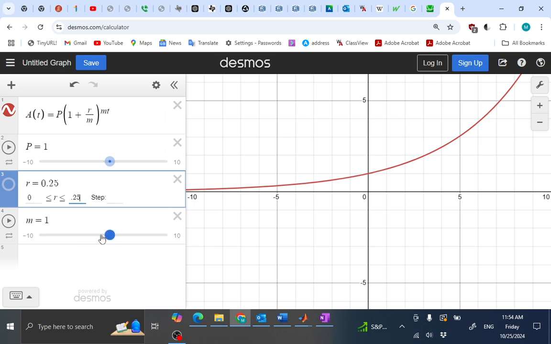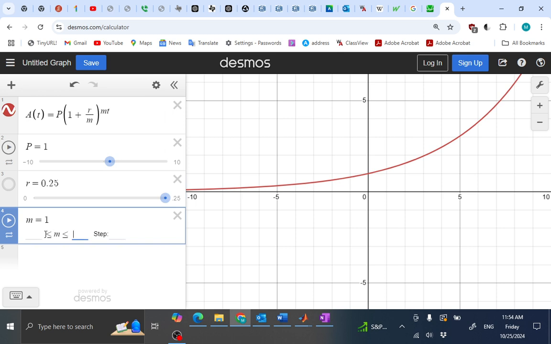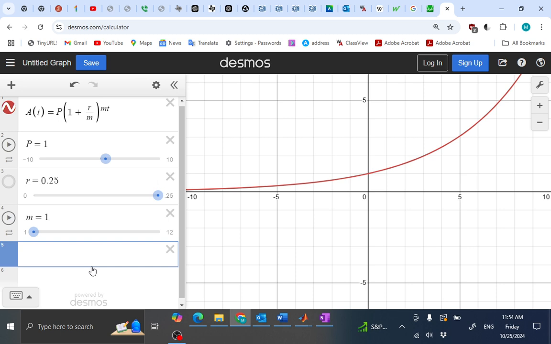M is the number of compoundings that we do. What did we say? The number of compoundings we do is once a year. Perhaps we go as far as, say, 12 times a year or something. So we get this picture for what the $1 is going to amount to. Now, we are not going to go negative in time, so I don't need this horizontal axis, which is my time axis.